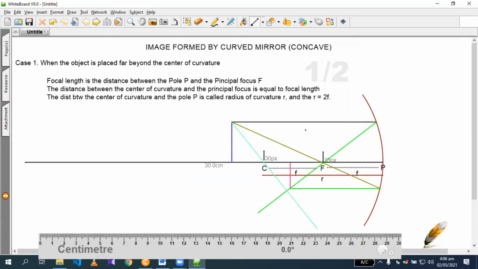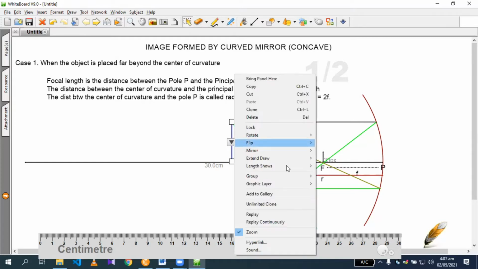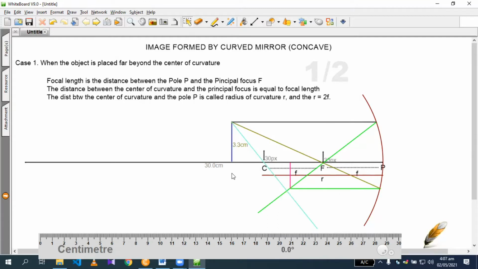But from what we have here, look at this. Let me quickly use this to explain. These are our objects. Okay, good. The length is shown in centimeters. The object is 3.3 centimeters.